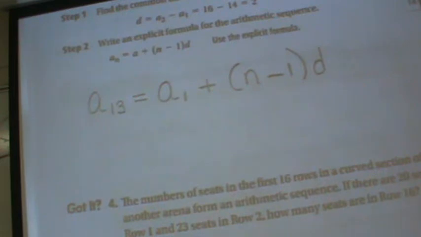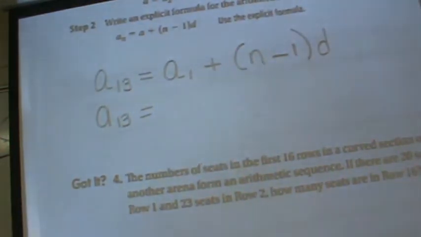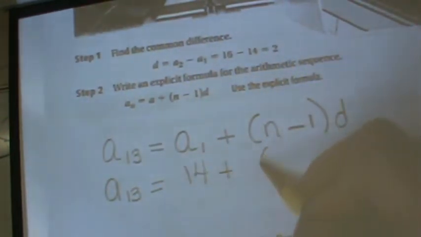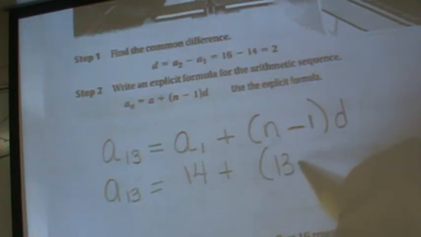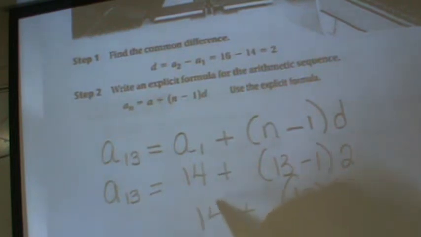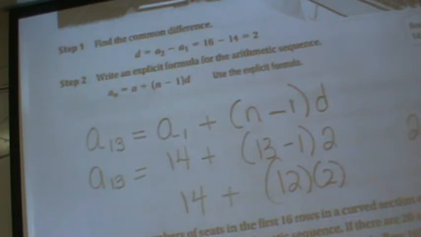So help me out. How many seats are in row 13? How many seats are in row 1? 14 plus 13 minus 1, which is 12. What's 12 times 2? 24. So 24 plus 14 is 38.